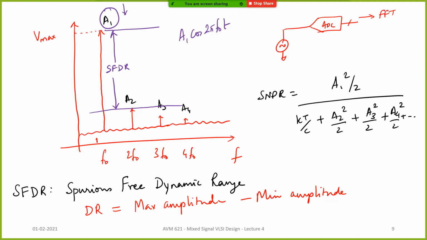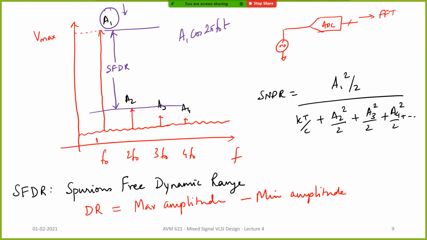And then here you will figure out what is your SNR, what is your SNDR, what is your SFDR. Okay, all these things you will basically figure out.